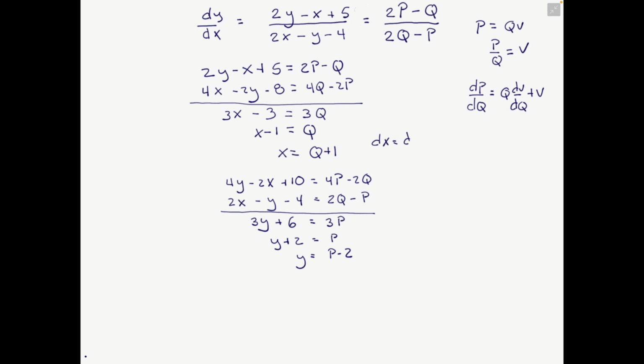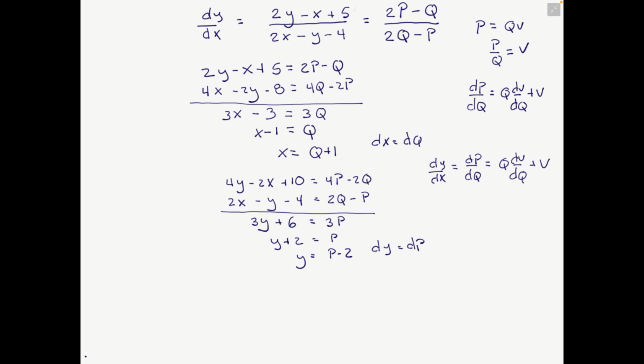And we notice that dx is dq, and dy is dp. So dy dx is equal to dp dq, which is equal to q dv on dq plus v.